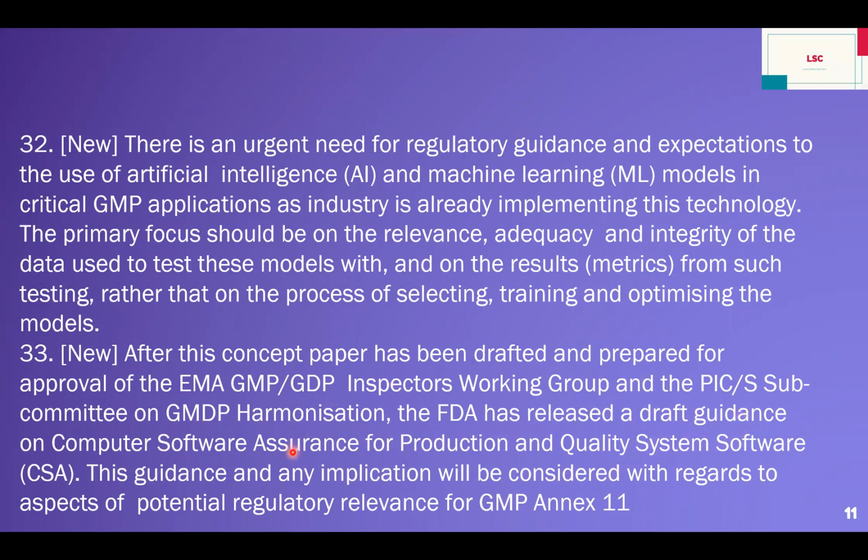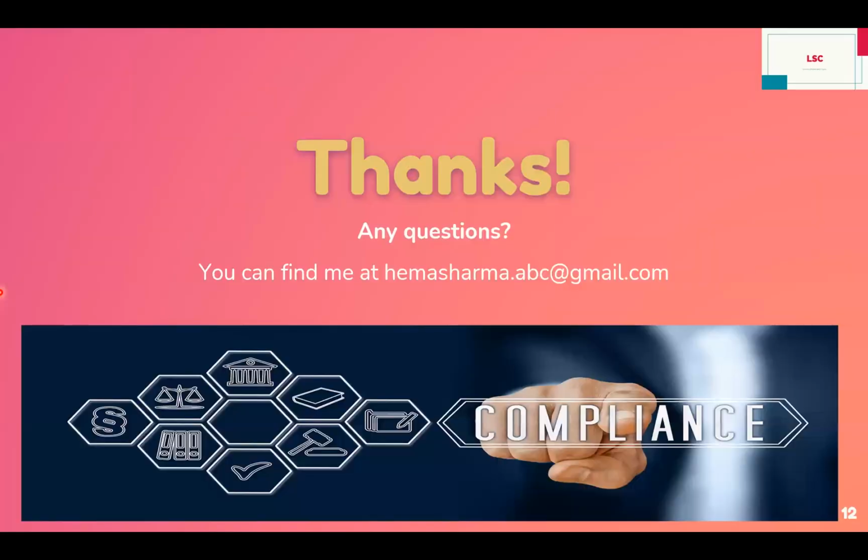This guidance and any implications will be considered with regard to aspects of potential regulatory relevance for GMP and Annex 11. So all the requirements given by other guidelines on computerized or electronic systems should be part of Annex 11 also. So this is all about the concept paper given by EMA for Annex 11.